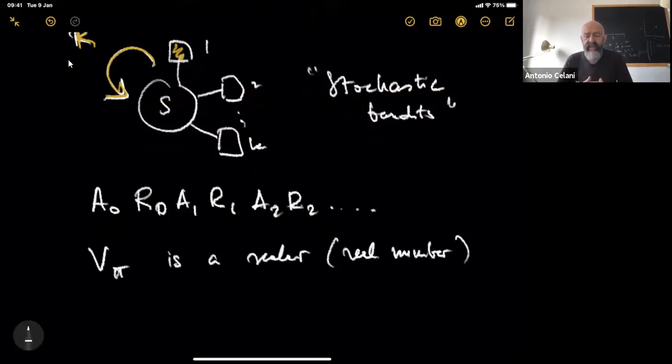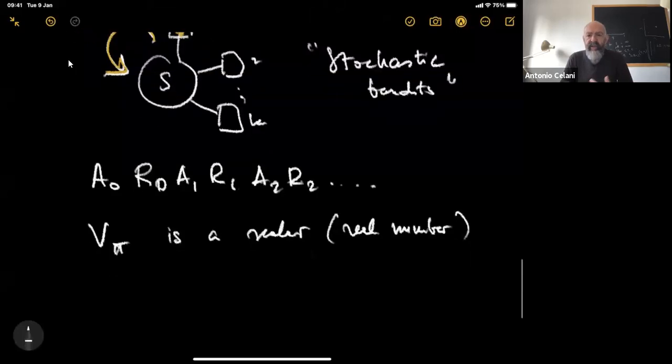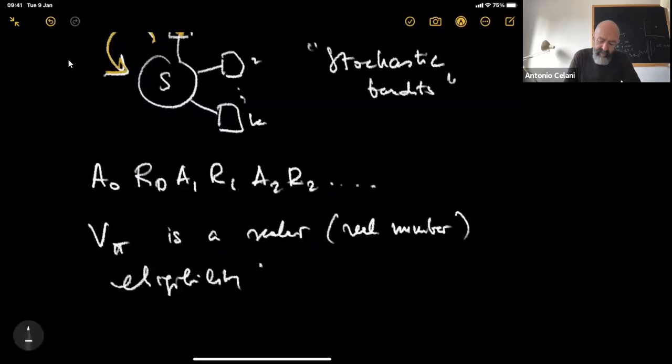And also, since there is a single state, there is only one meaningful choice for the eligibility, which is just to give one. You cannot give credit to other states, because there's just that state. And there's no reason to give different credits at different times, because all the processes are inherently stationary.